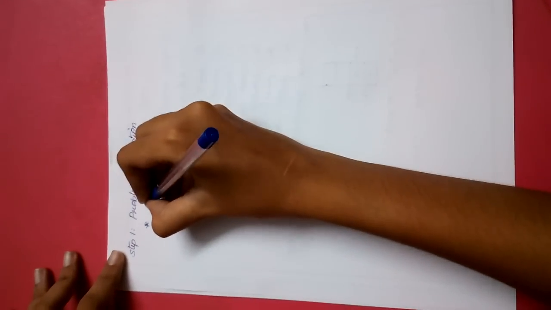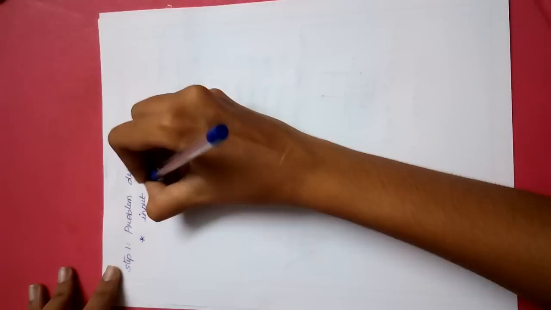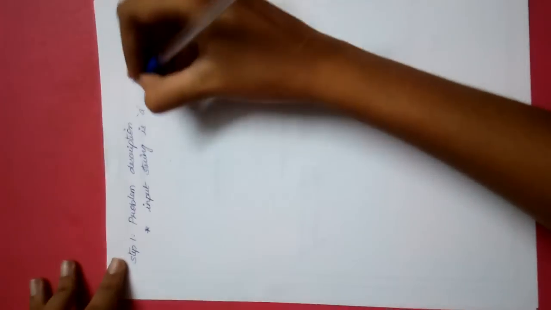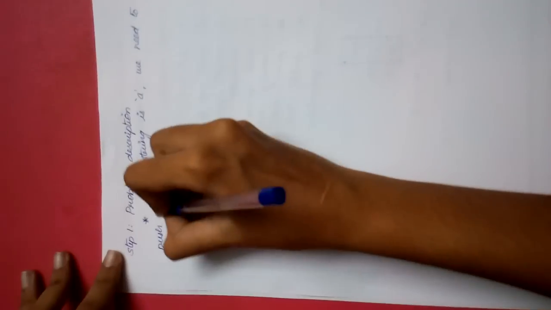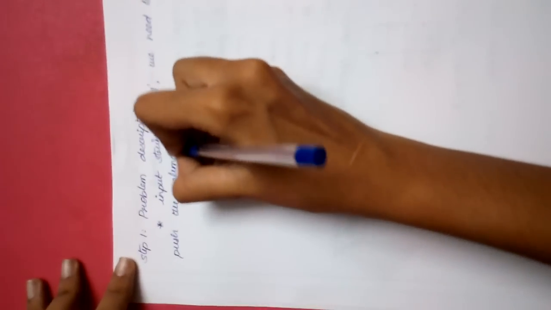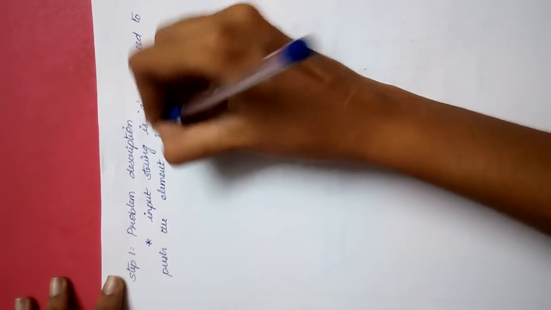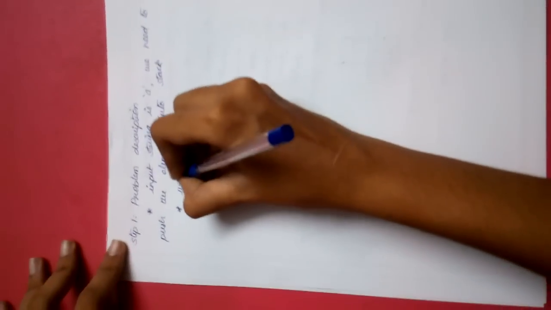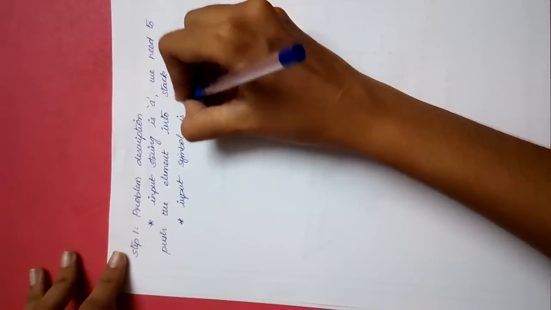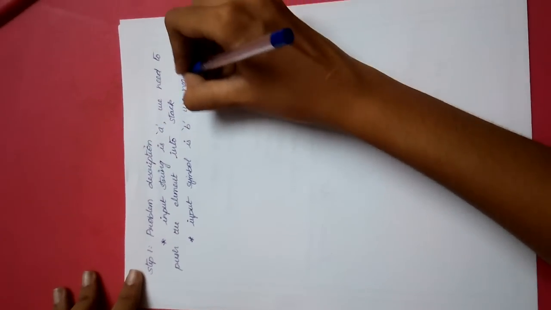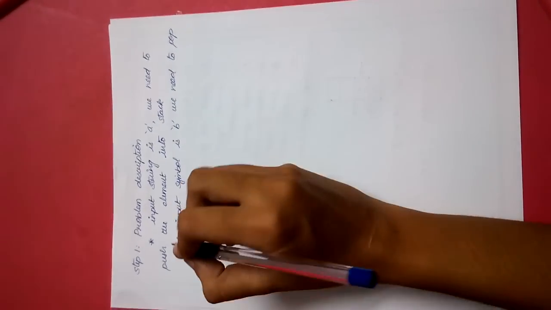Whenever we see the input symbol is A, we need to push the element into the stack. Whenever the input symbol is B, we need to pop. Therefore, the stack gets empty.